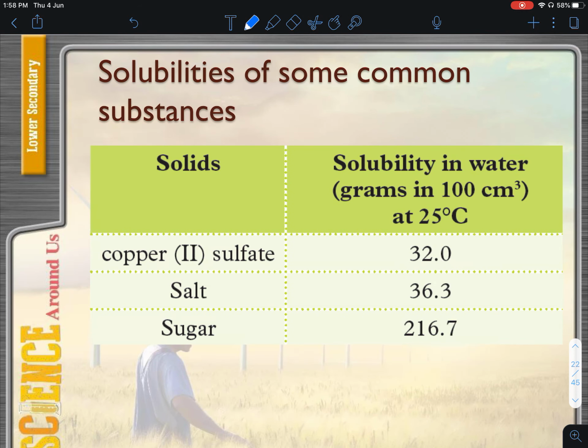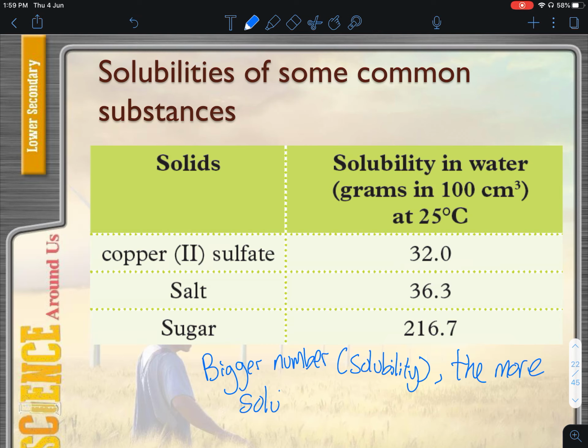Some of you ask, do I need to memorize these numbers? No need. But what you need to know is that for solubility, the bigger the number, the more soluble the solid is. So if you compare over here, copper 2 sulfate, salt, and sugar, sugar is able to dissolve much more readily as compared to copper 2 sulfate.